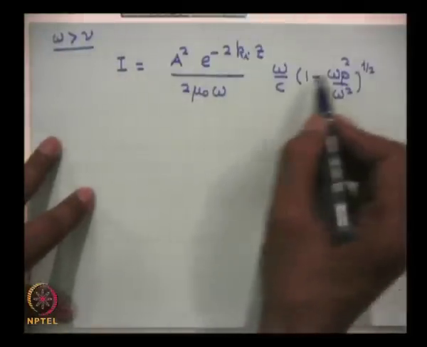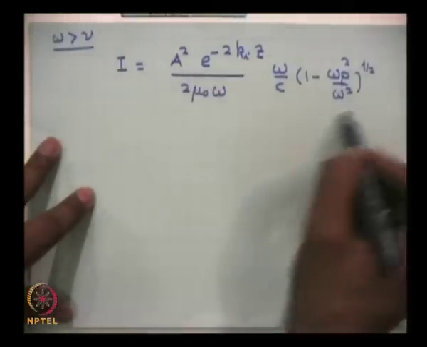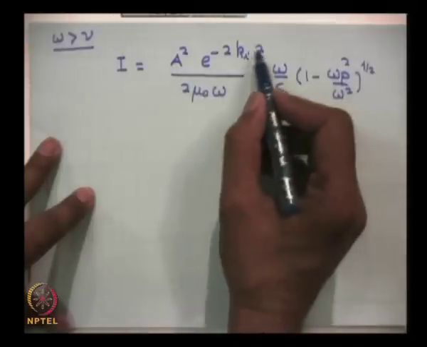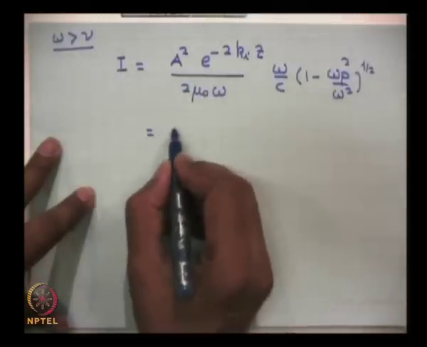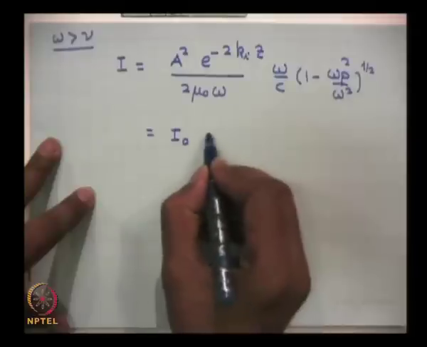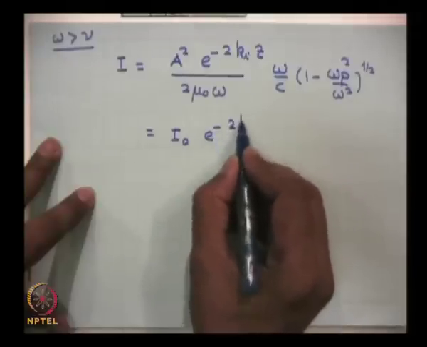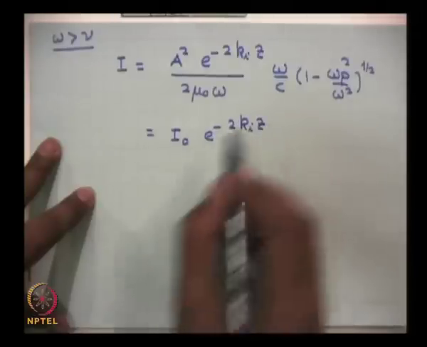Well, all these factors are constant in a plasma of uniform density, only this is z dependent, so I can write down this is equal to some constant I0 exponential minus twice kiz.